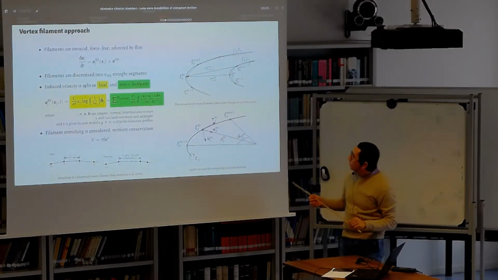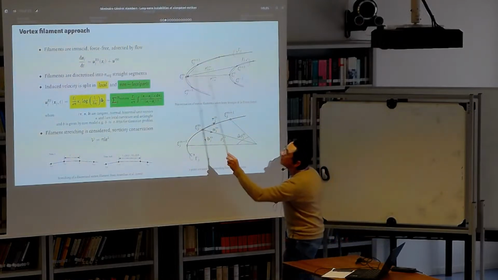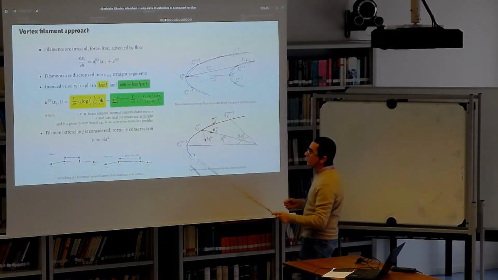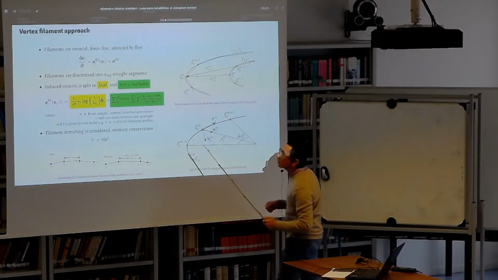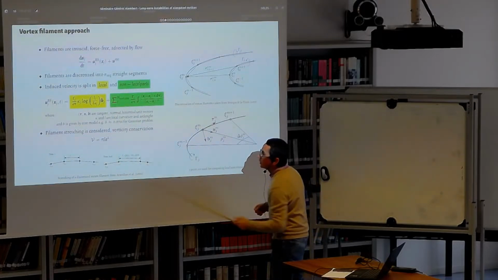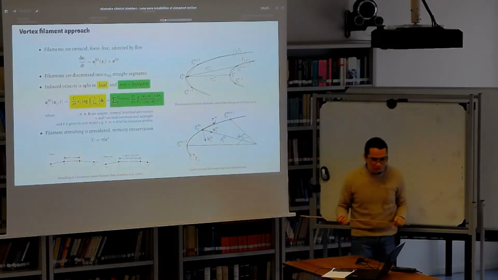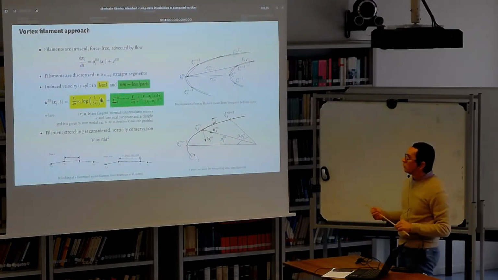I have to mention two things. The only place where the core size and the core model intervene is in the local parts, through the core size, but also through this parameter delta, which depends on the distribution of vorticity that you have.